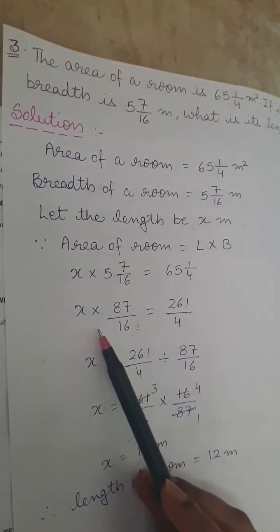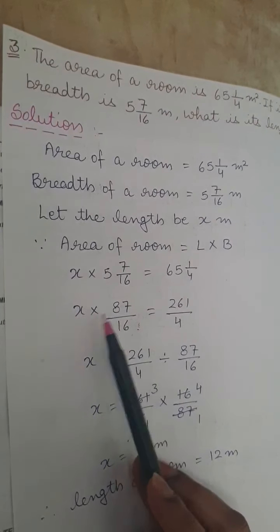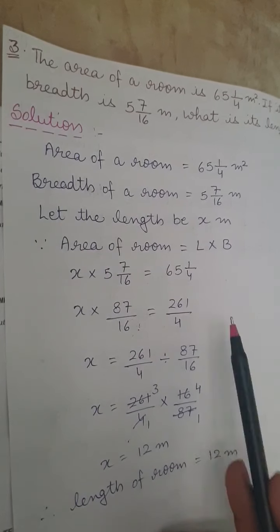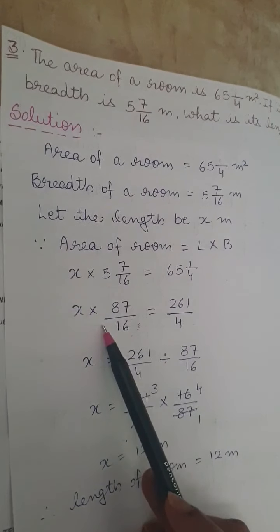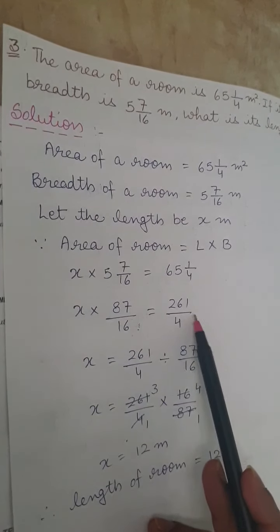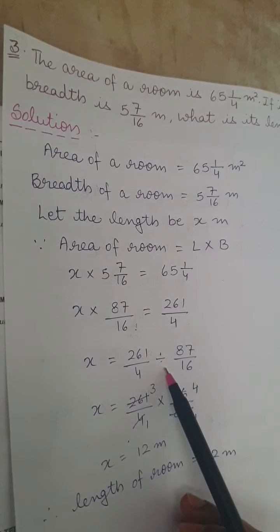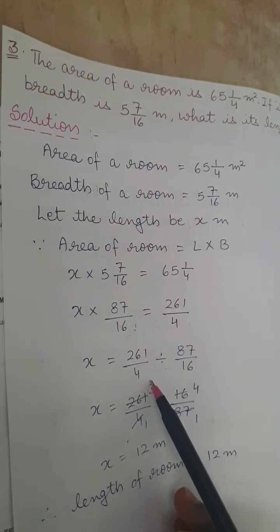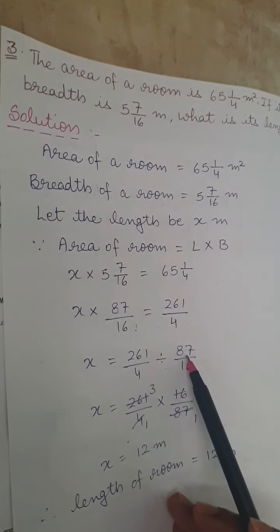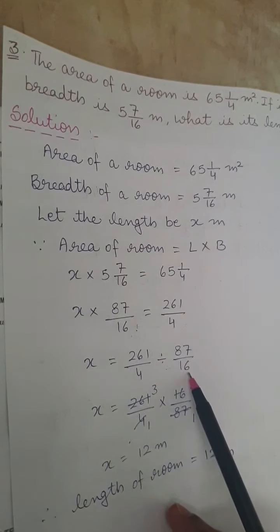Here is the multiplication sign, and when we transpose it to RHS, it becomes a division sign. So it is 261 divided by 4 whole divided by 87 divided by 16.